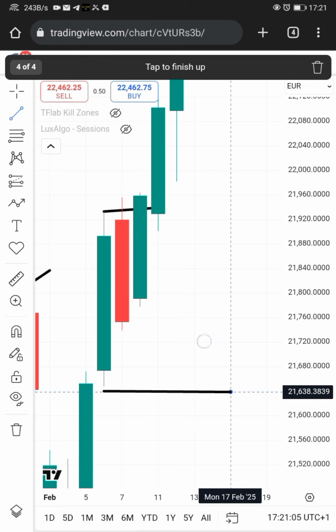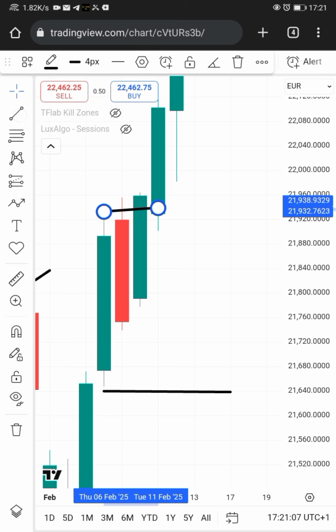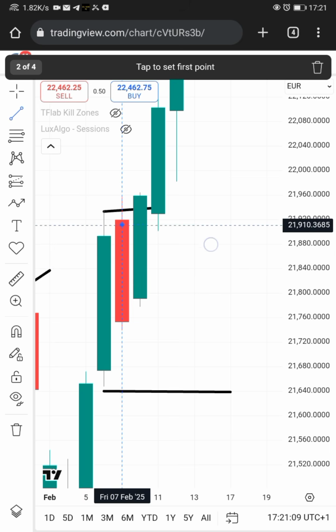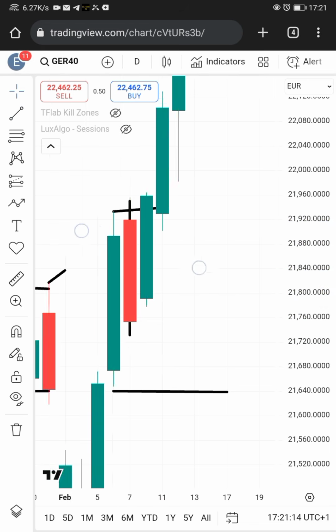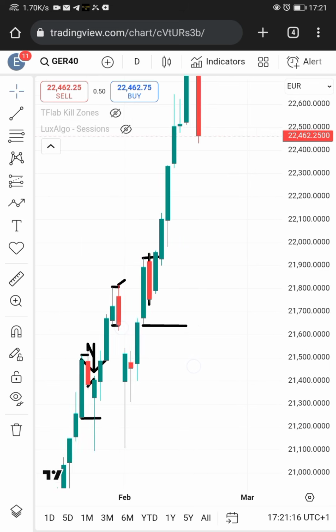So this one was a fail. But if you are targeting 1 to 10, this can be a bigger RR for you though. So that was that, that is a straight trade.